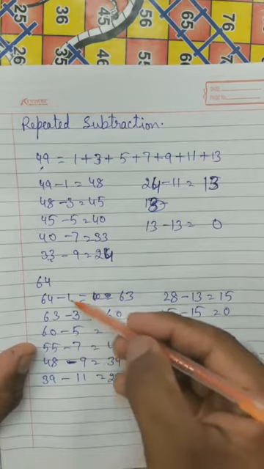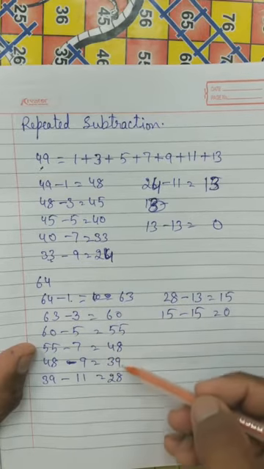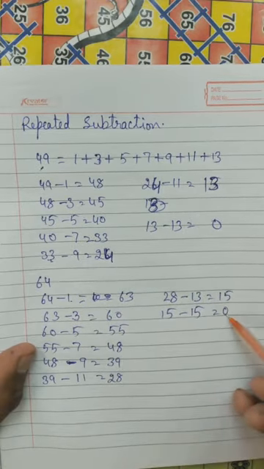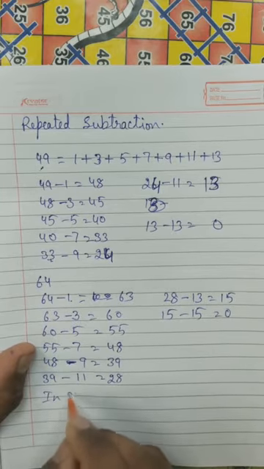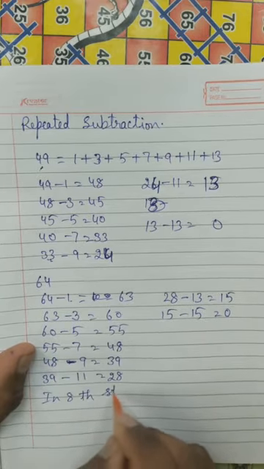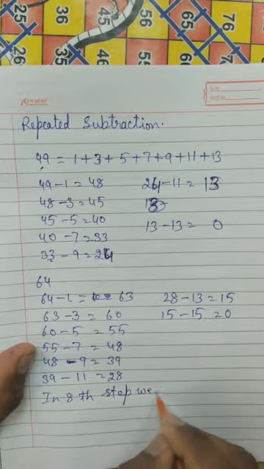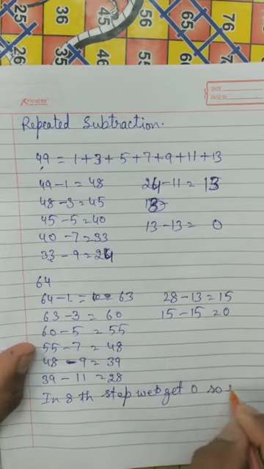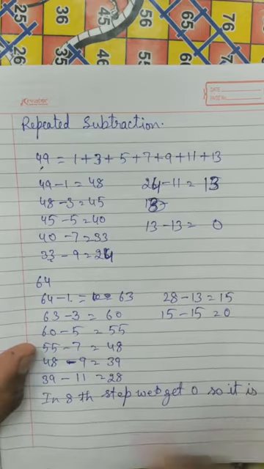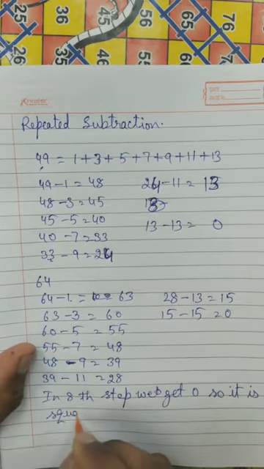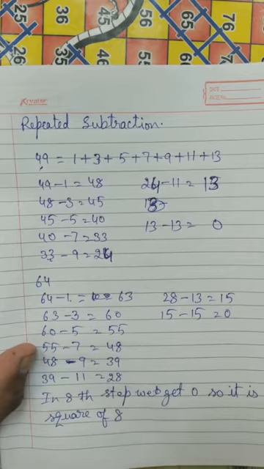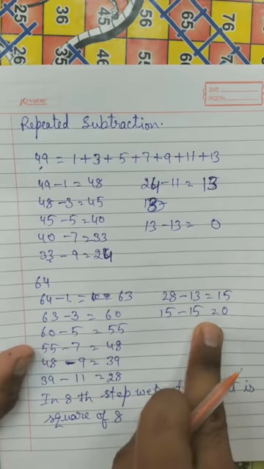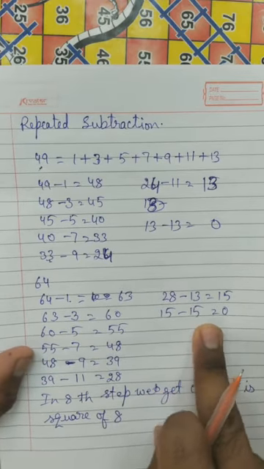How many steps? 1, 2, 3, 4, 5, 6, 7, 8. In 8 steps we get 0, so it is the square of 8. In case we didn't get 0, this would not be a perfect square.